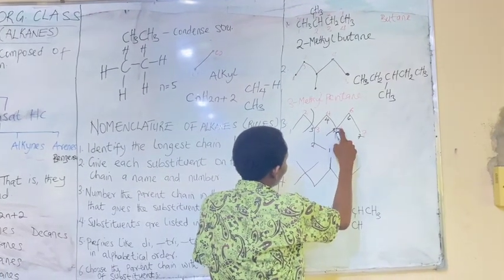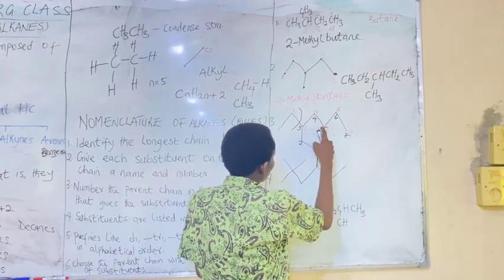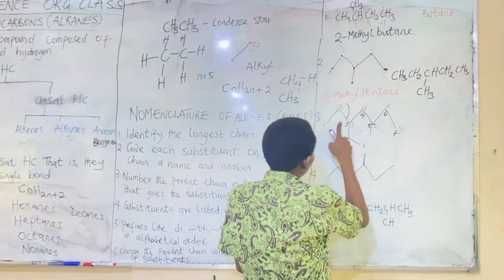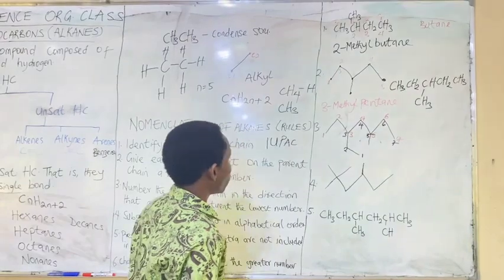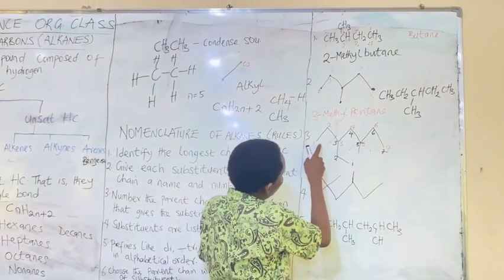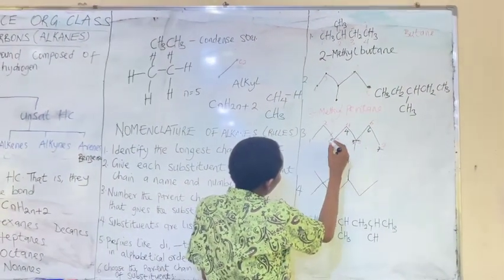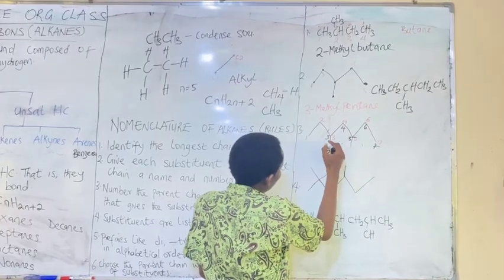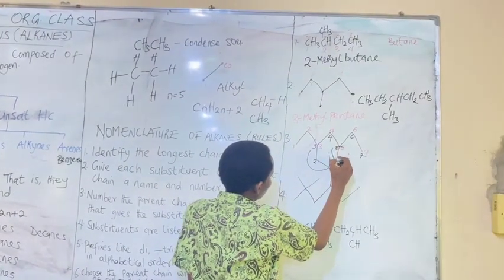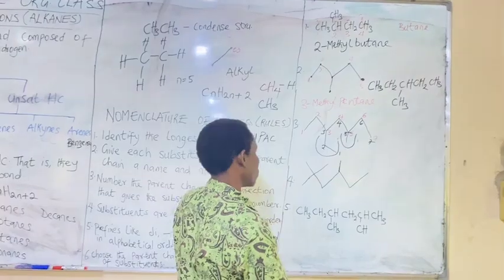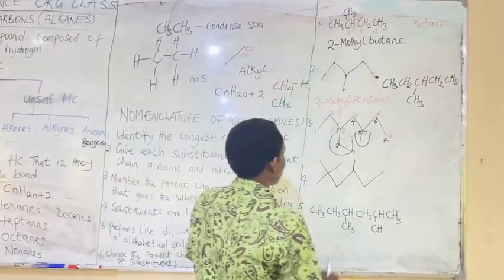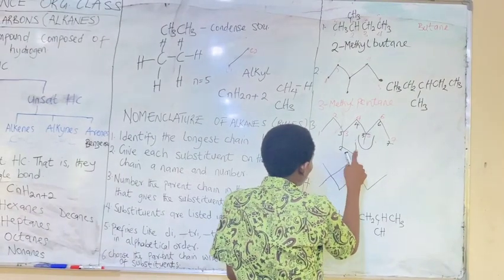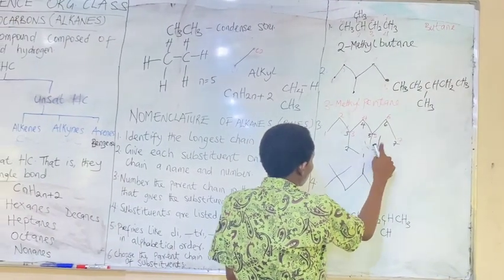Nice one. How about taking it this way? This will be a substituent, and this will be another substituent. 2 substituents also. So what do we do then? Since we have 2 substituents.